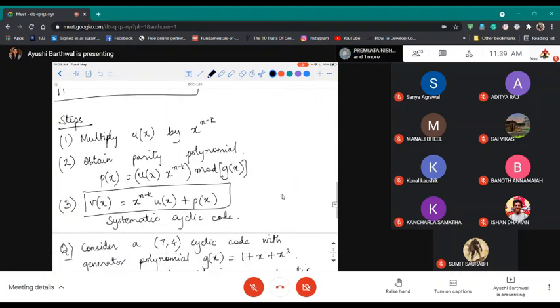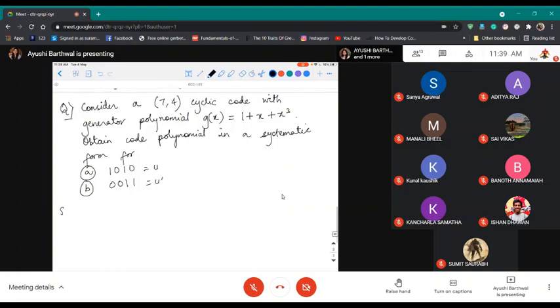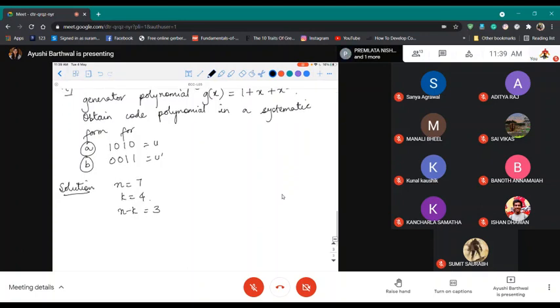So these are the steps. First you have to multiply u(x) by x raised to the power n minus k. For this, n is 7 and k is 4, so n minus k would be 3. So you have to multiply your data vector polynomial u(x) by x cube. How will we write u(x)?